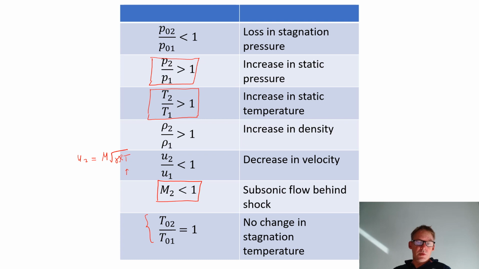So T goes up and then M goes down. So in an intuitive sense, it's not that straightforward to see that the velocity in total goes down. Our intuitive sense of fluid mechanics is generally built around incompressible fluid mechanics, and so sometimes that intuition is lost a little bit.